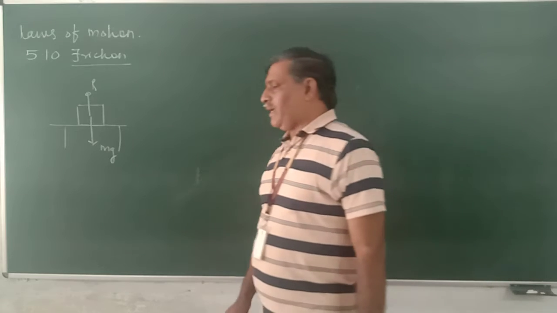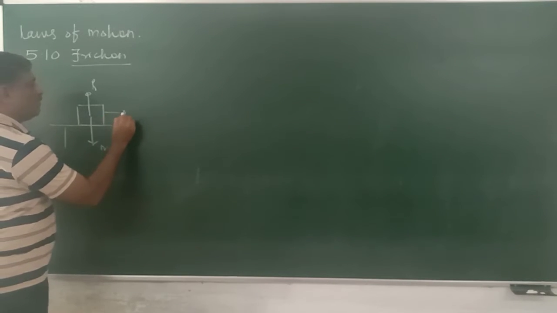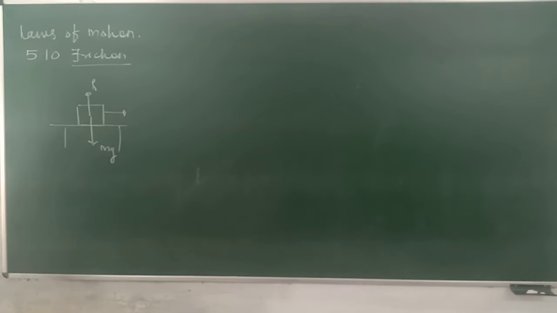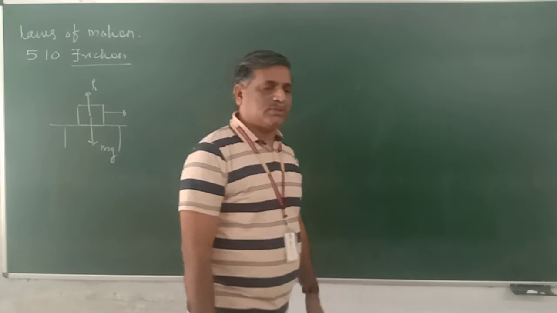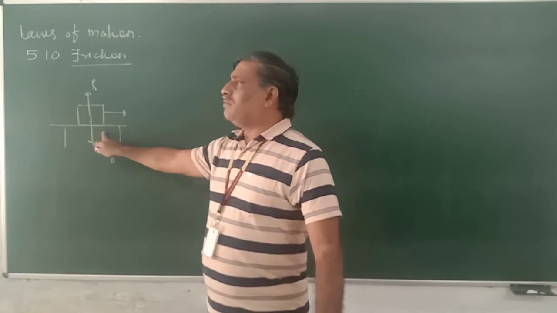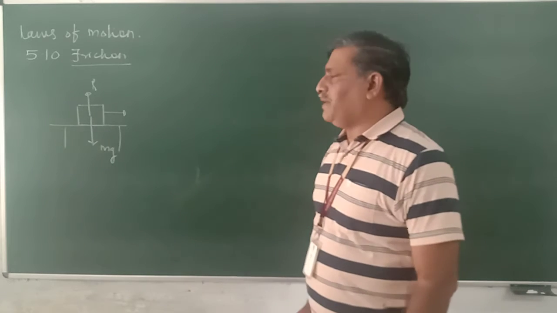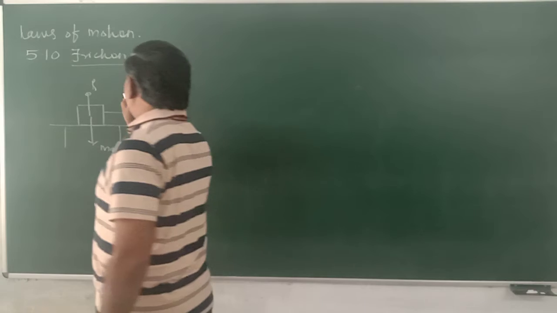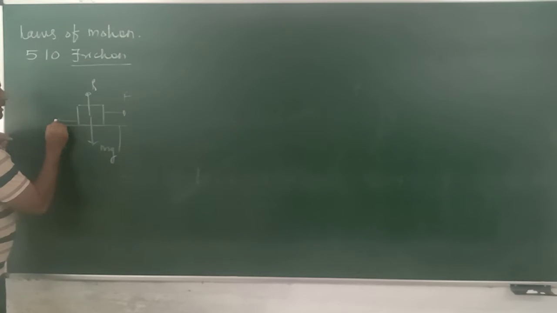Now let us apply a force in this direction. Let us pull this block in this direction with a slight force. The block is not moving. It remains at rest. What does it mean? The applied force is here, and the block is not moving, so there is an equal and opposite force in this direction.